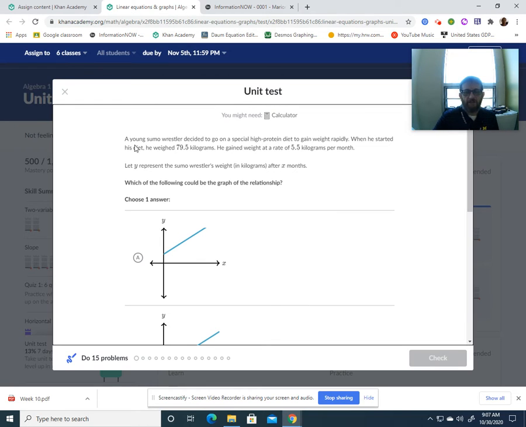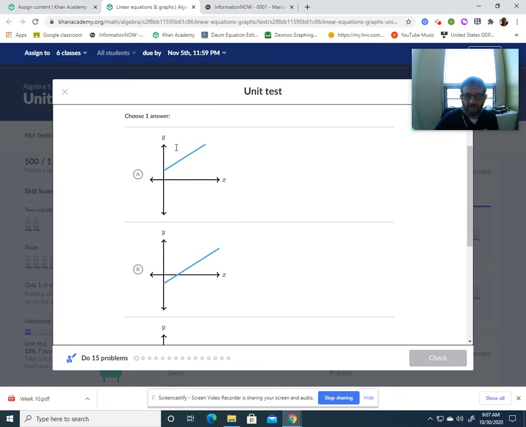All right, first question. A young sumo wrestler decided to go on a special high protein diet to gain weight rapidly. When he started his diet, he weighed 79.5 kilograms. He gained weight at a rate of 5.5 kilograms per month. Let y represent the sumo wrestler's weight after x months. Okay, this is what he started at, before his special diet.